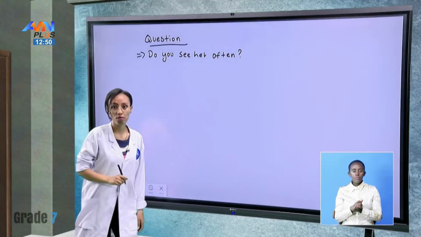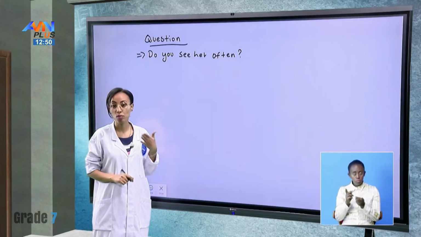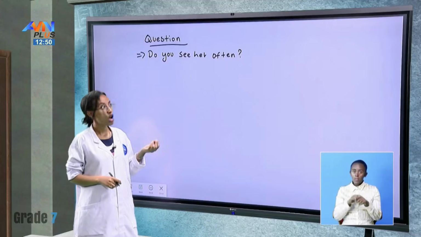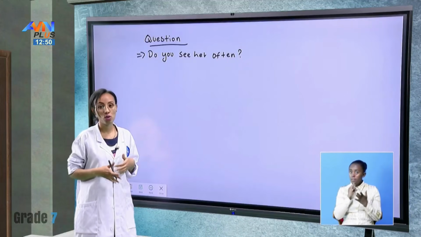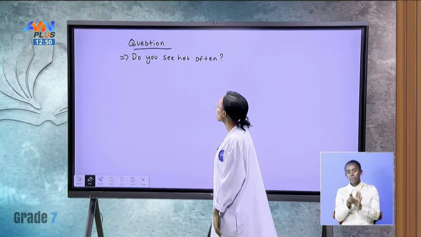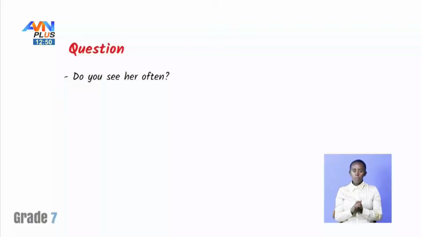Do you see her often? Question mark. So this is what? A simple present tense sentence. But it is showing or asking a question. So that is how we use the simple present tense in a question.